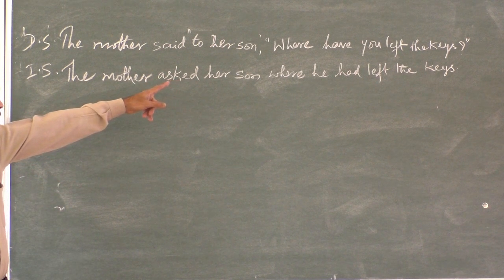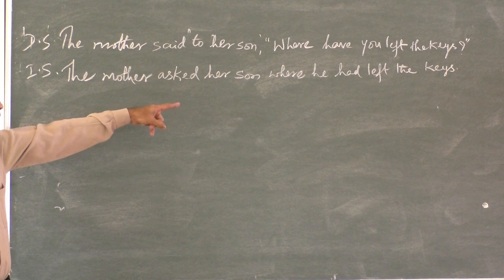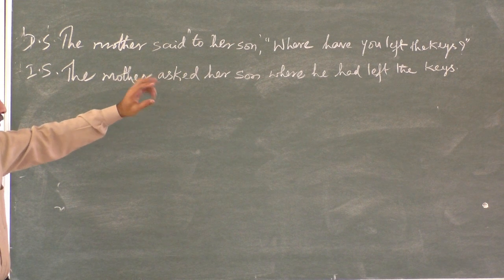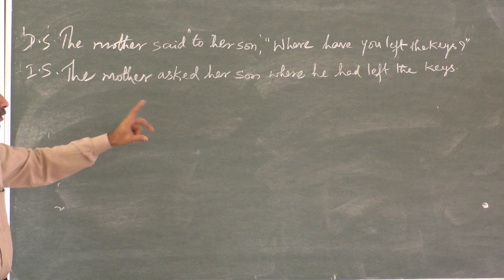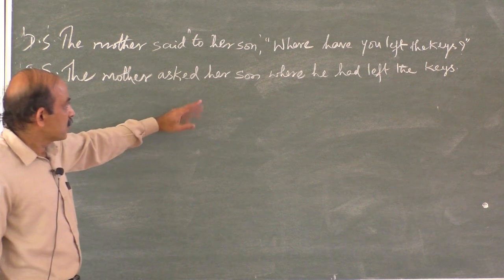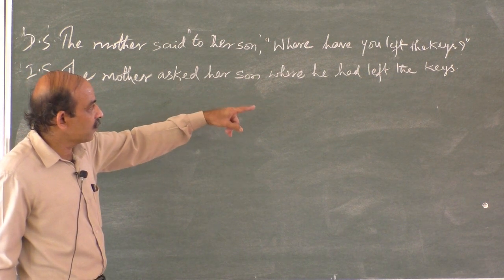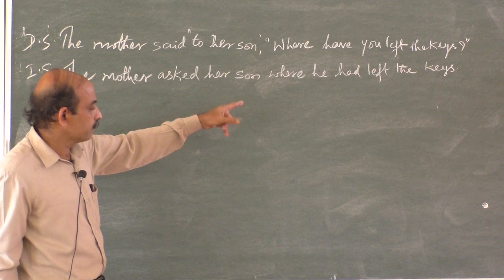Present perfect available, have left. Past perfect available, he had left. So think of the changes that are taking place. The mother asked her son, main clause, where he had left the keys, subordinate clause.